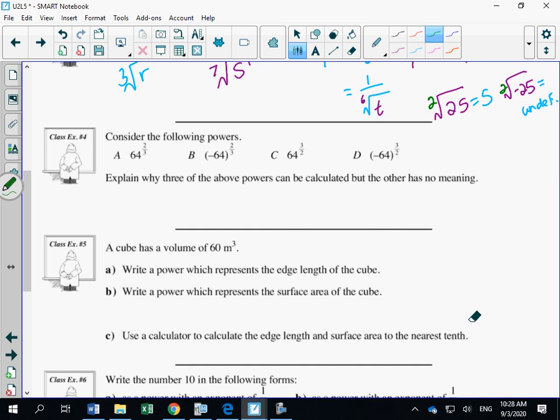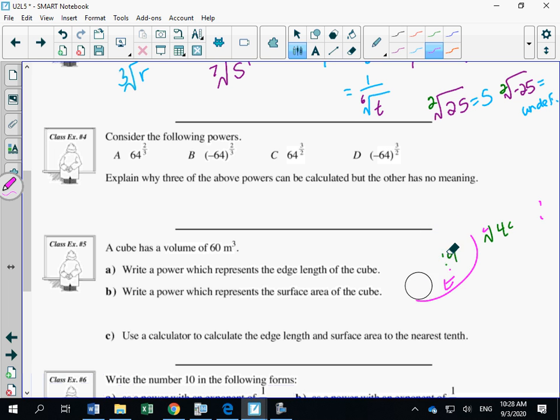So for example, if I said, which one, without even typing this in your calculator, would give you an error, I hope you see it's this one. You could never ever take the square root, so that's going to be a 2, of a negative number. This would give you the error. This would give you an answer of 7. Okay?